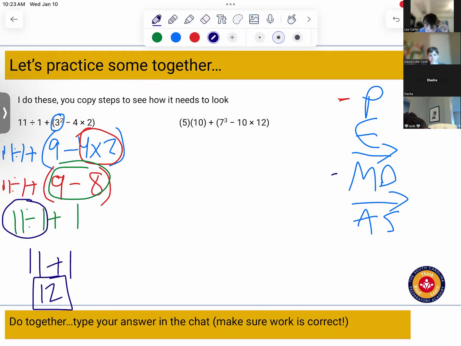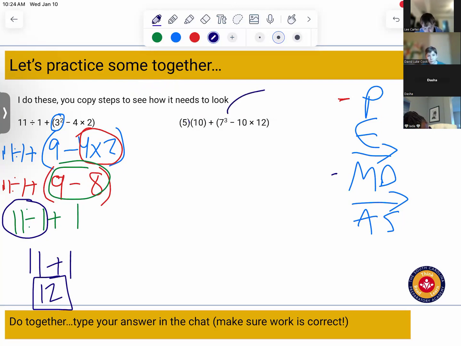Okay, so we have these parentheses right here. Notice they mean times. So that's 5 times 10. So the first thing we need to do is this big parentheses right here. So the first step, we need the 7 to the third power. Now, the mistake to watch out for here: we got 7 to the third power. It's not 21, right?